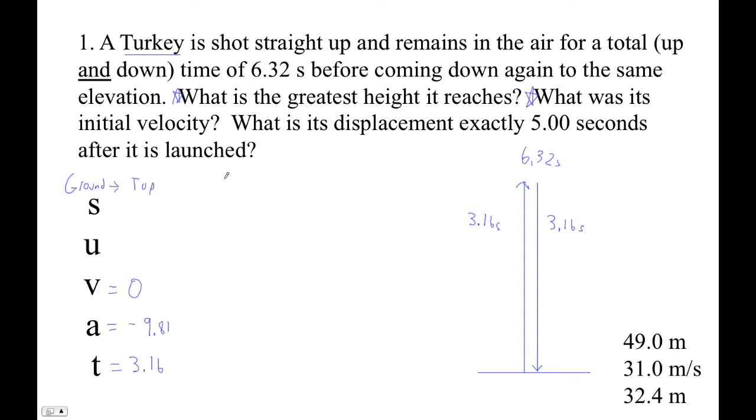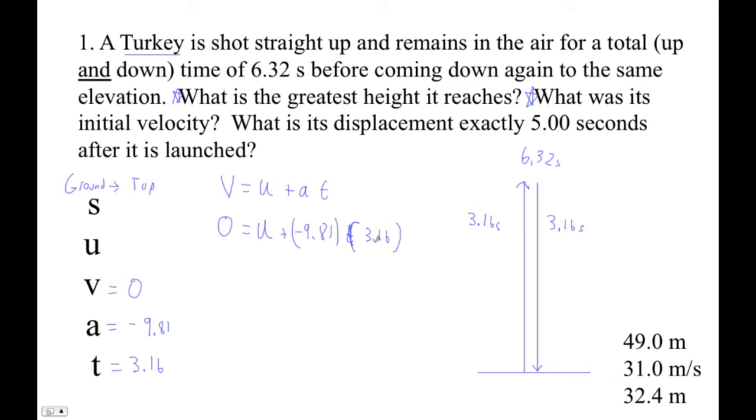Okay, so finding the initial velocity, I do this. v equals u plus at. The final velocity at the top is 0 equals u plus negative 9.81 times t. So sometimes you do this question first. That's interesting. It's tricky stuff, right? Oh, and my time is 3.16.